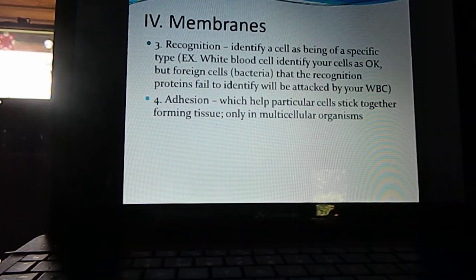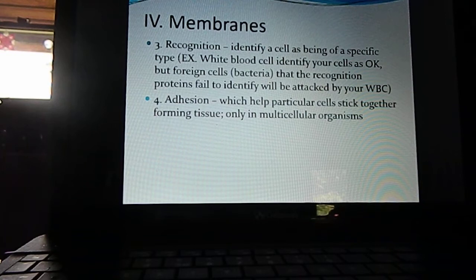Recognition proteins are those that recognize cells being of like or different in a cell tissue layer. In the case of the white blood cells, they have recognition proteins associated with them called antibodies.